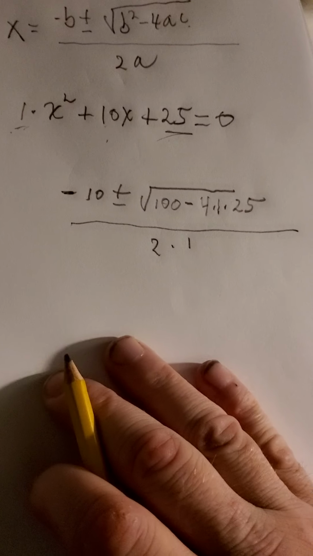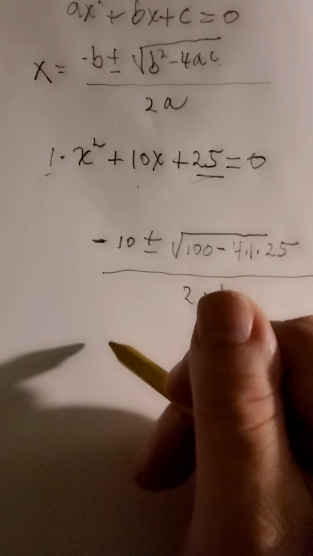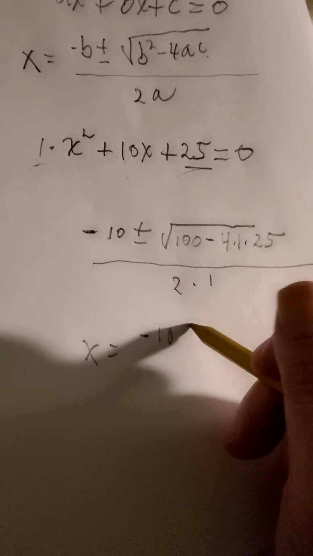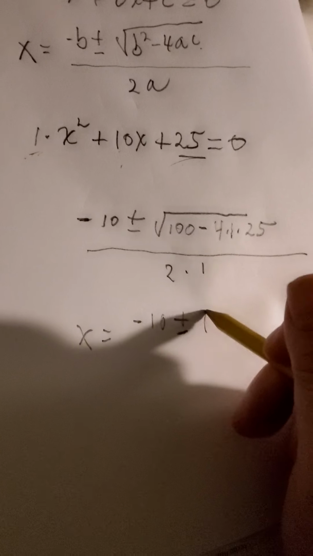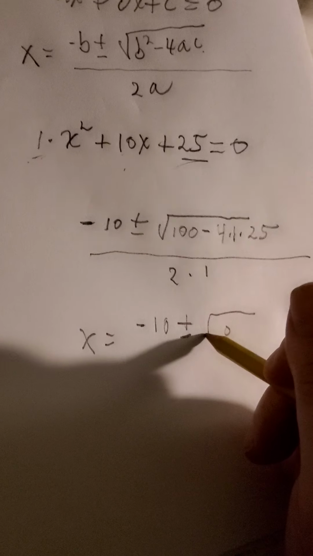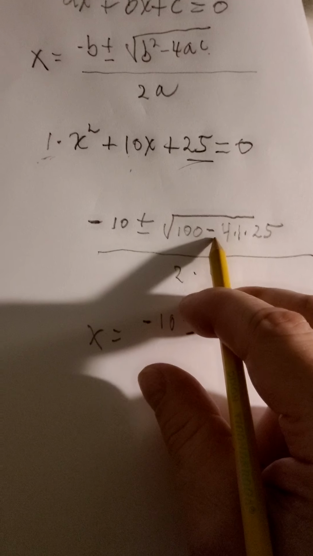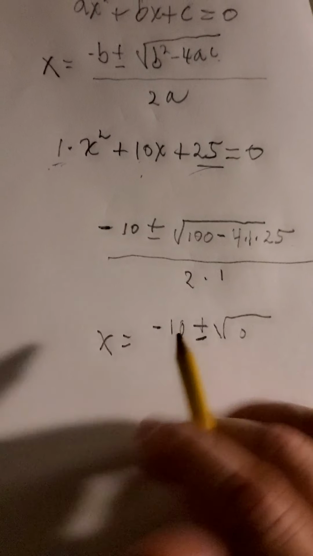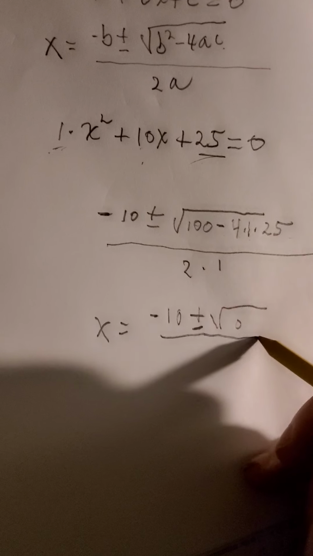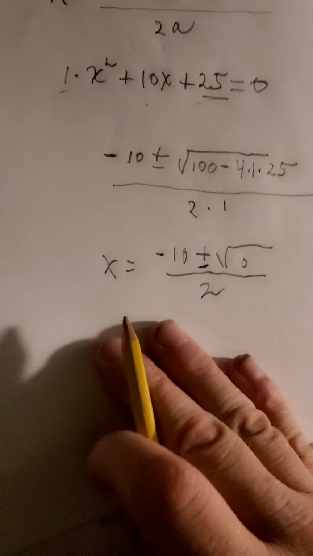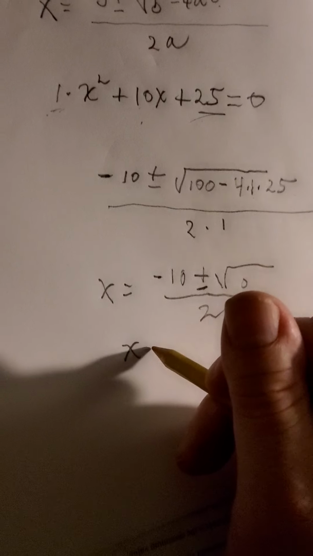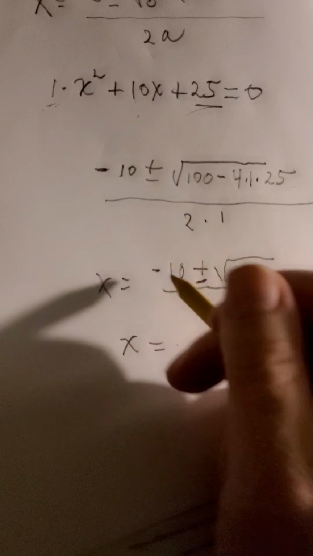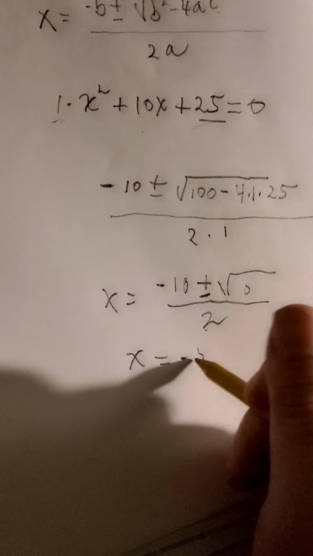Dot means times. Okay. And then x is going to equal negative 10 plus or minus the square root of 0. You see why that's 0? Because 100 minus 4 times 1 times 25. 4 times 25 is 100. Okay? Divided by 2. So x in this case will only have one root, which will be 10 divided by 2 is 5, and you've got a negative sign, so it's negative 5.